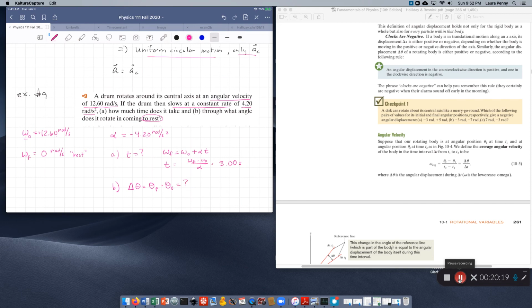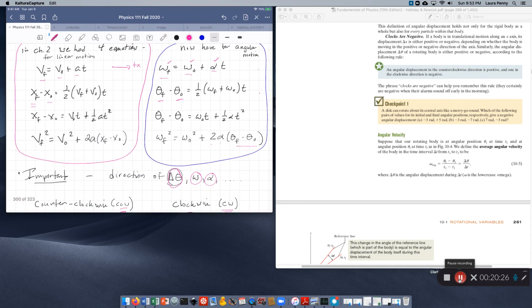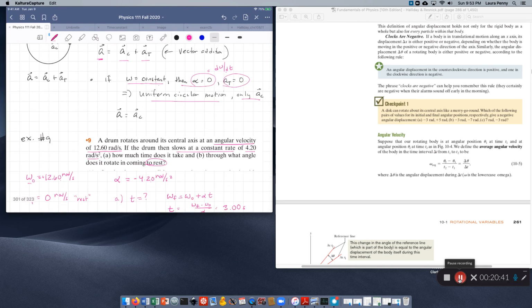Well, now I know a lot of things. I know time, I know omega final, I know omega initial, I know alpha. So I could use a lot of different equations here. Probably the easiest one would be just this one. But again, any of these other three would do. I'll use that one.